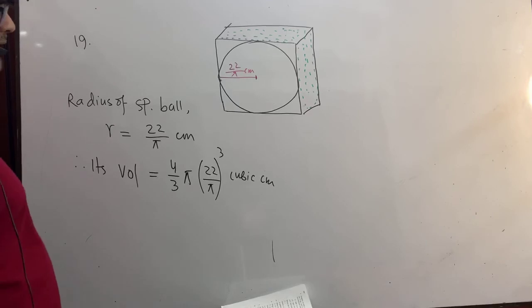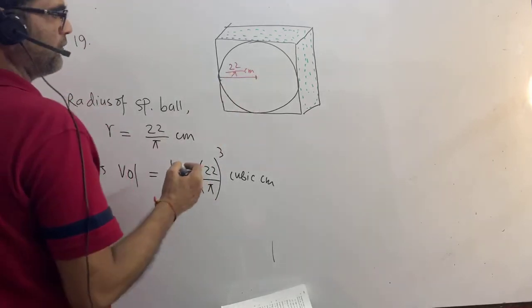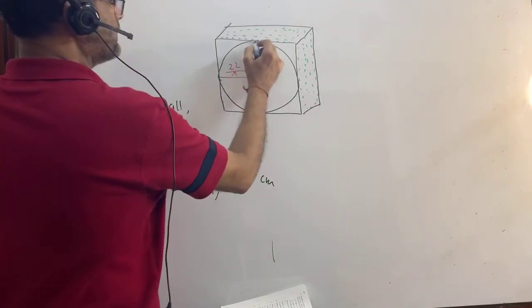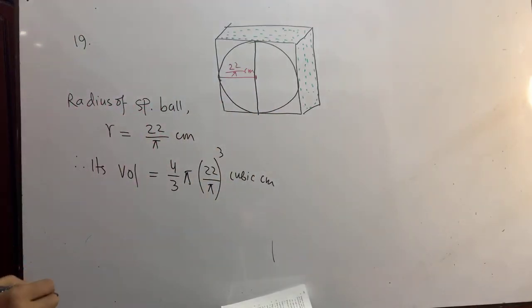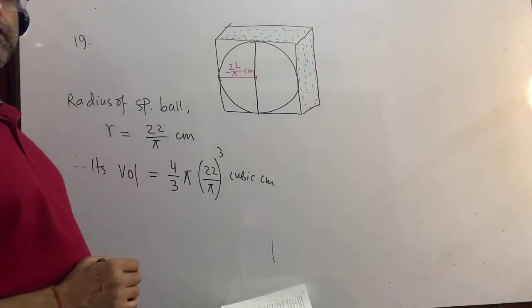So okay, here you see, this is the diameter of the ball. The diameter of the ball is equal to the length of the cube.